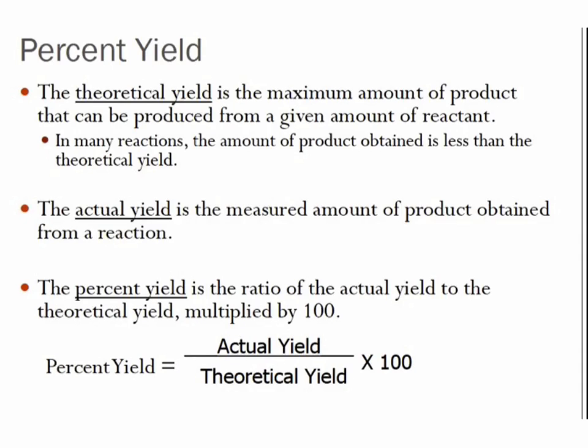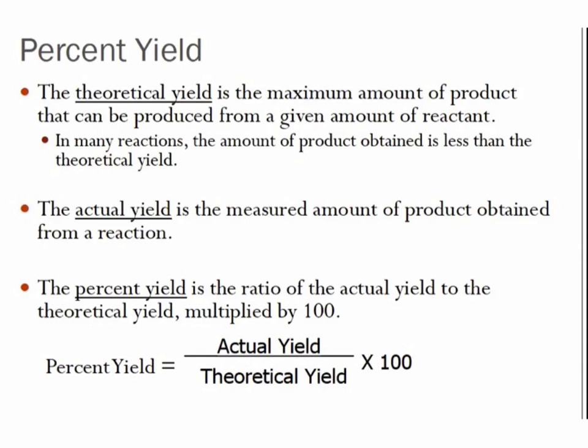So actual over theoretical. This is, I think, question number 20 on your homework. It was the fill in the blanks. Questions over that? So there's two ways I can give problems about percent yield.